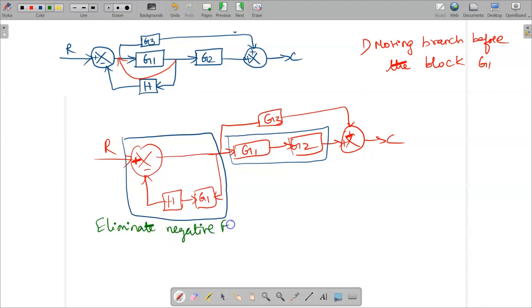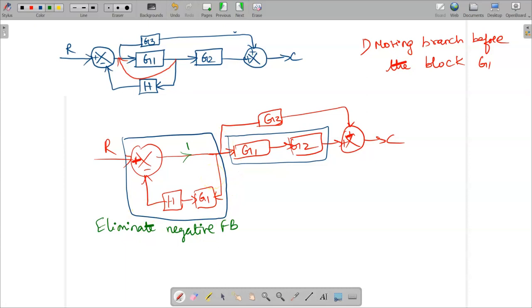Why is it a negative feedback loop? Since you have minus in the feedback, and this is your forward path. Whenever you don't have any term or gain in the forward path, it is just a line, and you can consider it as 1. Here the gain is nothing but 1, and you have the feedback path gain, which is nothing but H and G1. So we have to eliminate this negative feedback loop.